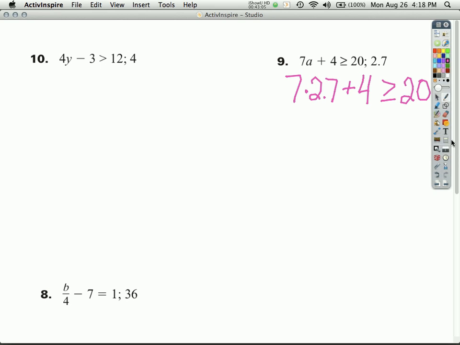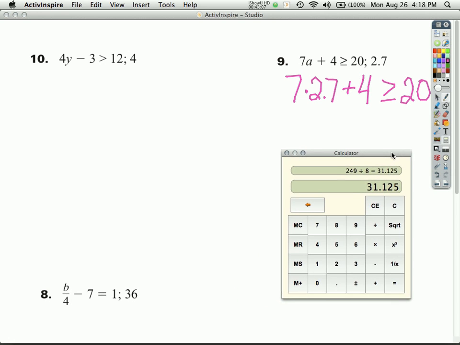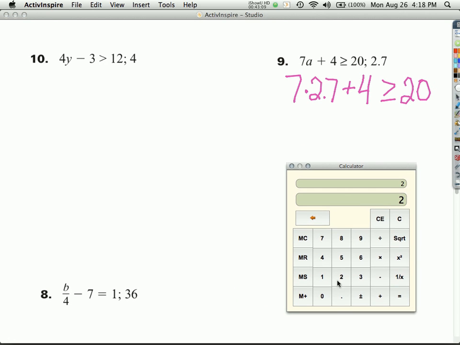Okay, well, I can't do that math in my head, so I'm going to use a calculator. 2.7 times 7, I get 18.9. I can already tell that this is going to be greater than that because this is almost 19, and I'm going to add 4 to it. So I can already tell that that's greater than 20. So you get 18.9 plus 4, and that is greater than or equal to 20.